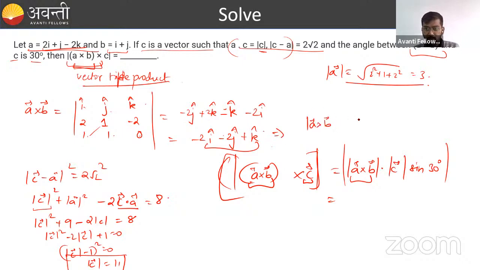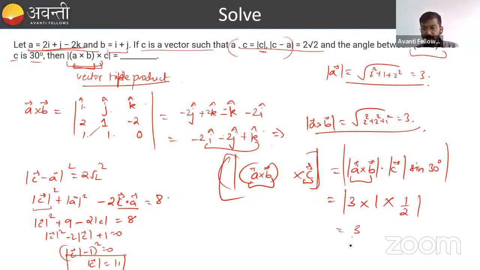Mod of A bar cross B bar is under root of 2 square plus 2 square plus 1 square. This is 3. So this comes out to be 3 into mod of C bar, which we got as 1, into sine 30, which is half. So this is 3 by 2. Okay. So the answer to this question is 3 by 2.